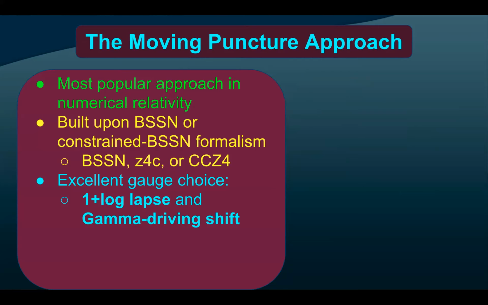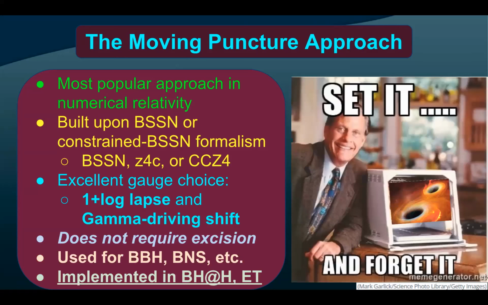That is what I'm going to talk about here. So the most popular approach in numerical relativity is the moving puncture approach, and it's built upon an excellent gauge choice, 1+log lapse and Gamma-driver shift. And with this gauge choice, I don't know if anyone remembers the old infomercial, set it and forget it, but that's exactly what we're going for.